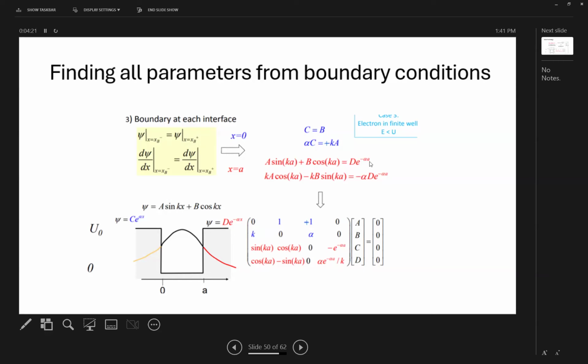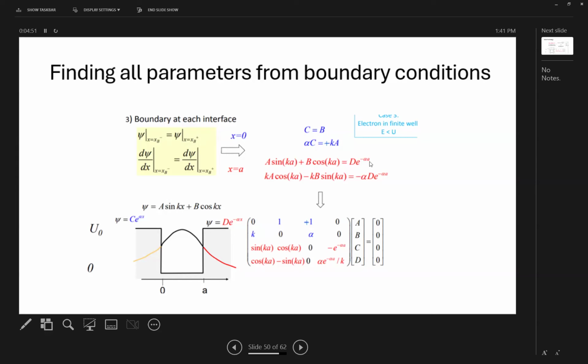That's the only difference. Now if you use these values and use the boundary value condition, boundary means how the psi inside the well and outside the well exactly at the interface match each other. That's called the boundary conditions.